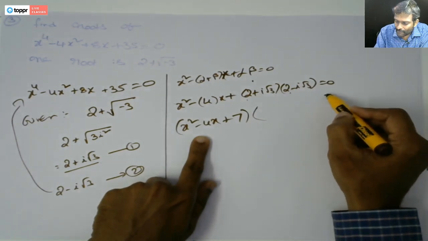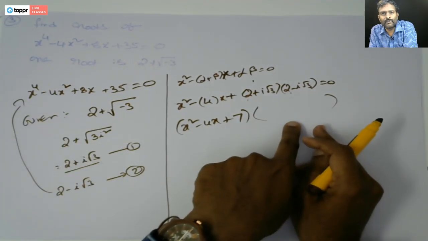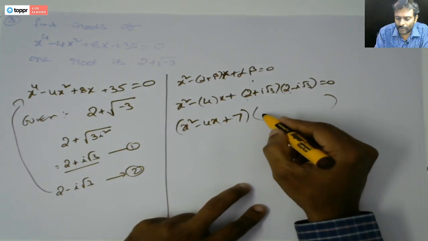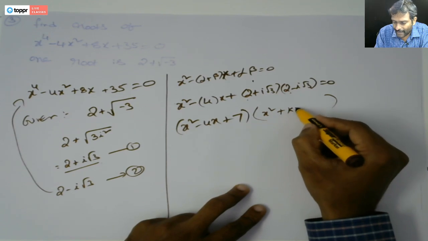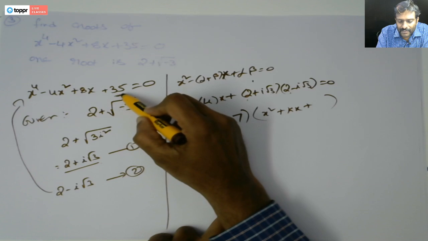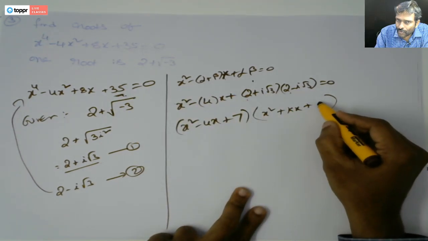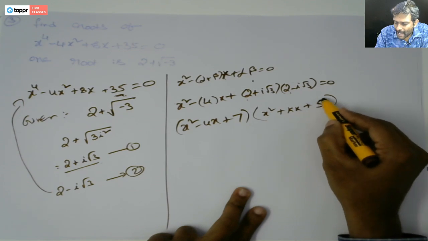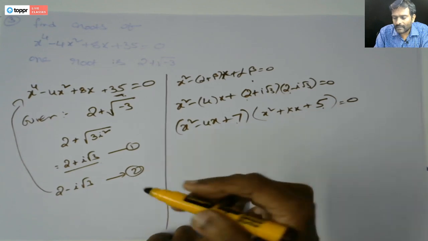So see, how will you get a quartic equation? If you multiply this with another quadratic. I don't know that, so I'm assuming it to be x square plus kx plus some constant. Here I know that the last constant term is 35, so I should have a 5 here, so that 7 times 5 is equal to 35.